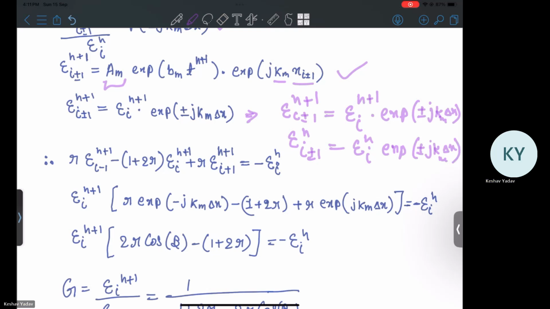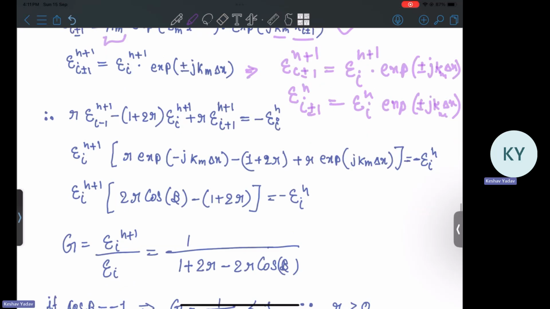So if you do that, you divide this into the LHS, then what will we get? We will get this expression. So this at n plus 1th, these two terms will come, and now we will combine this and these two terms.